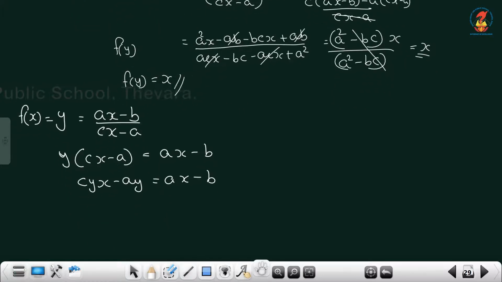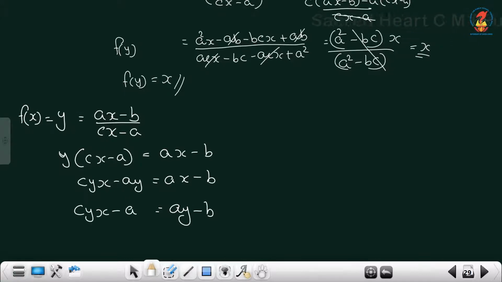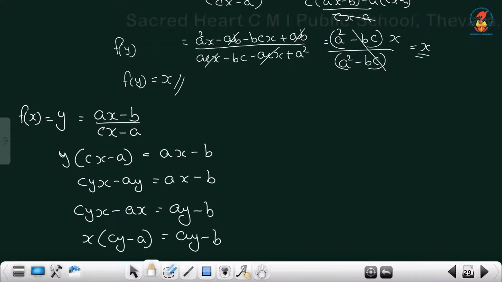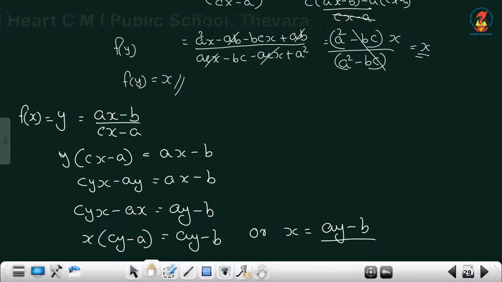Take x to one side. So x into, ay we can take to the other side. ay minus b. So here cyx minus ax, or x take out, (cy minus a) is equal to ay minus b, or x is equal to (ay minus b) by (cy minus a).